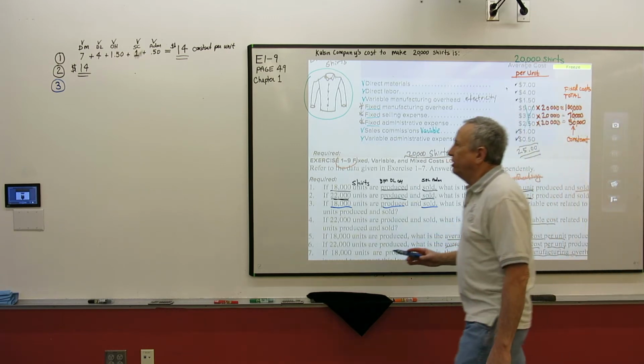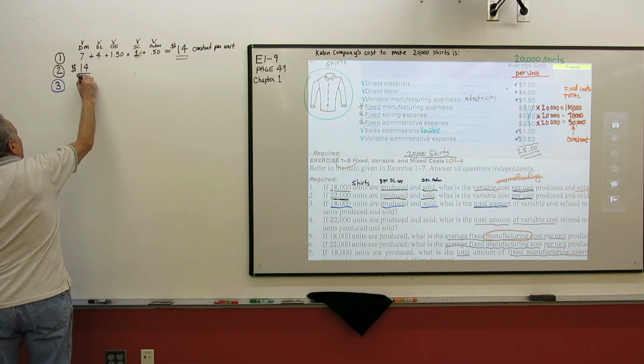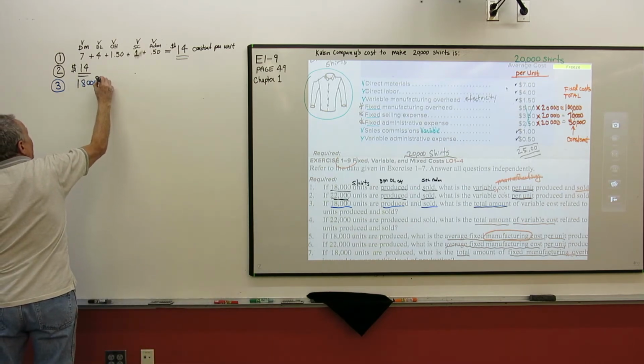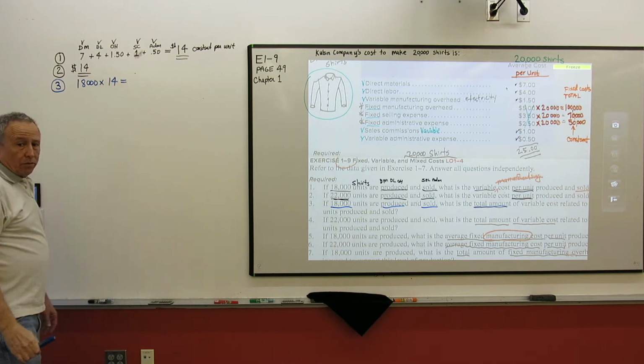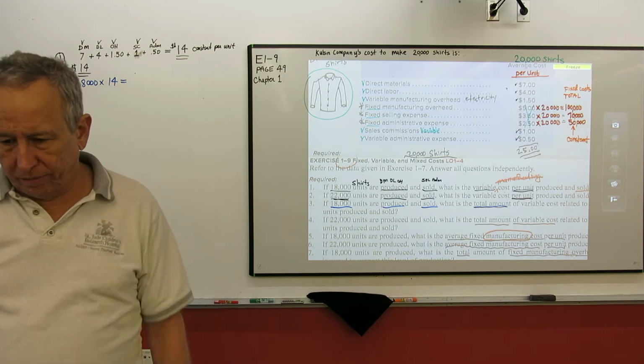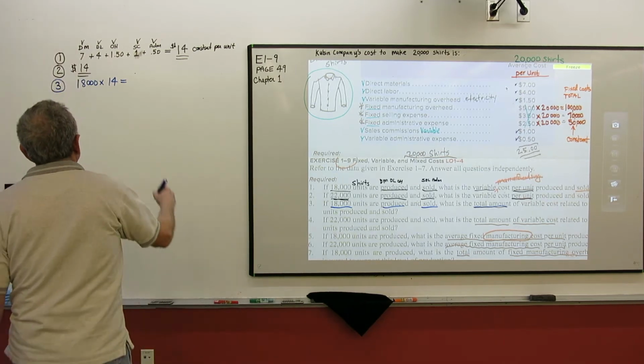Well, I know that if 18,000 units are produced and sold, each one costs $14, and that's going to be $252,000.